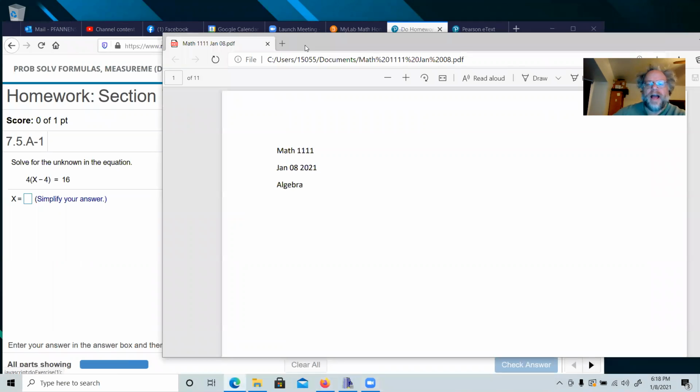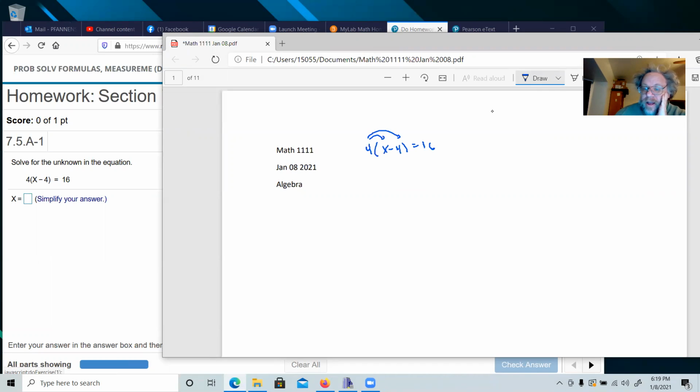All right, so we have 4(x - 4) = 16. Okay, so this 4 has got to visit both of these, right? The same rules apply as with numbers.